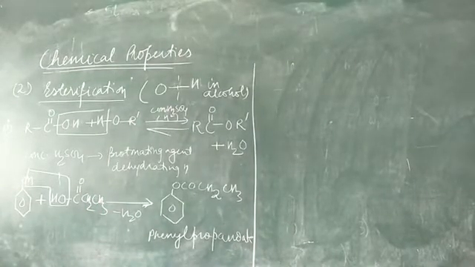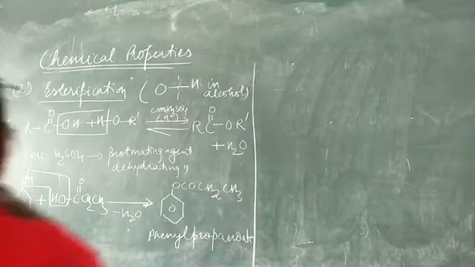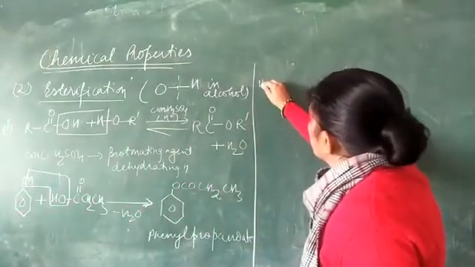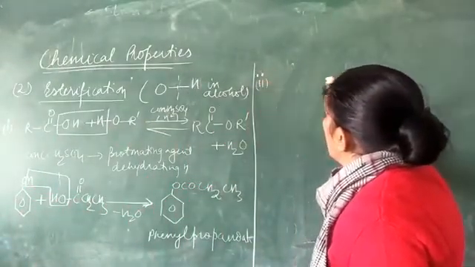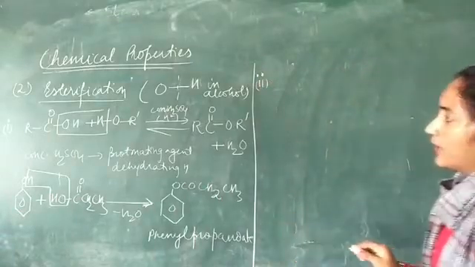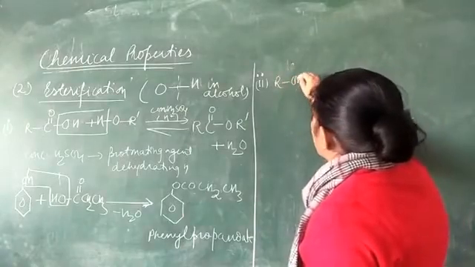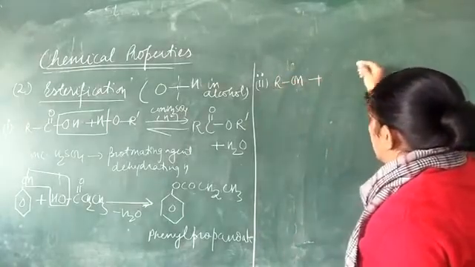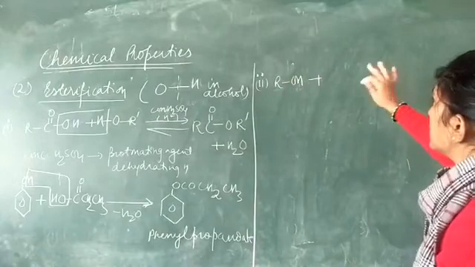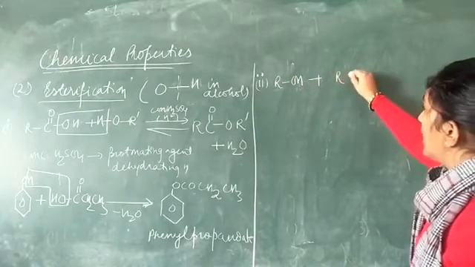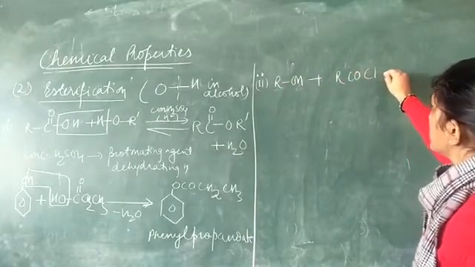Now students, the next is when alcohol is going to react with the acid chloride. So it is ROH plus acid chloride, that is RCOCl, right?